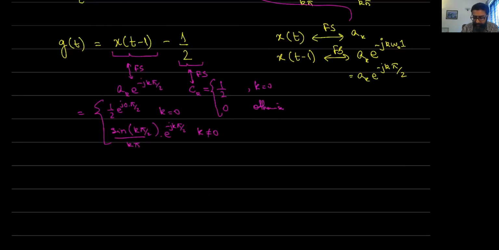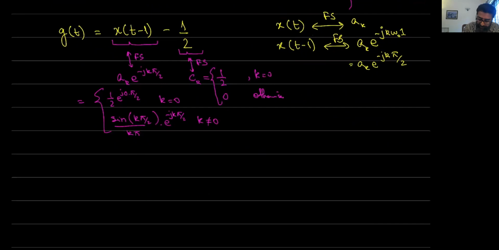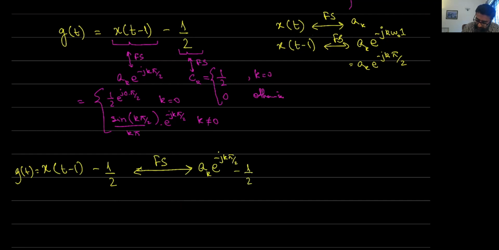I can simplify this a little bit more, so let me do that. x of t minus 1 minus half, which is g of t, will have Fourier series coefficients equal to a_k e raised to the power minus j k pi by 2 minus c_k's.